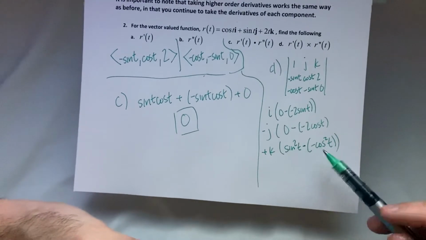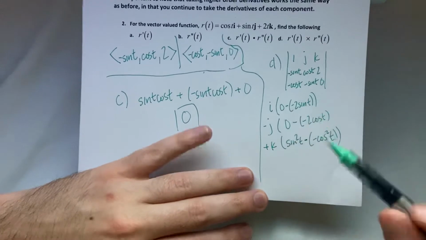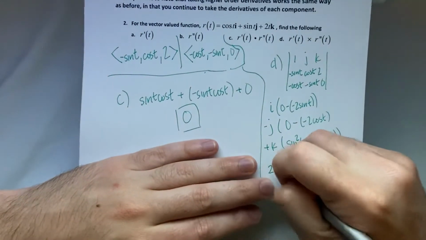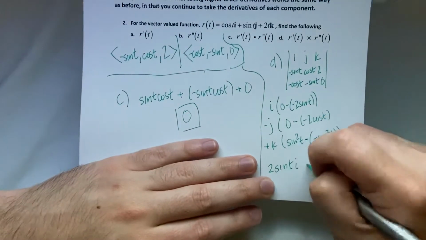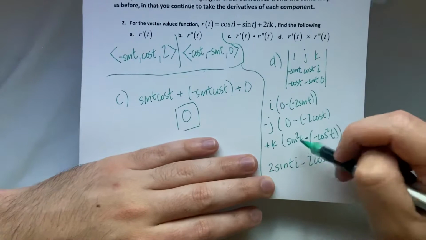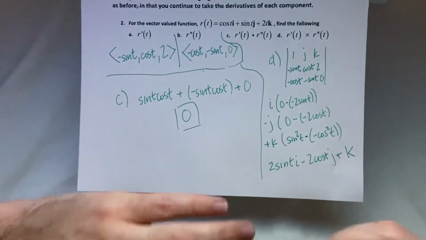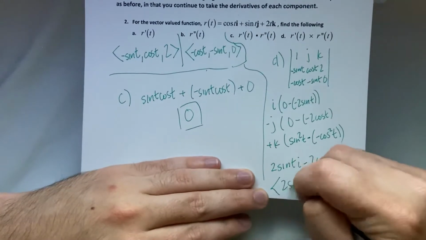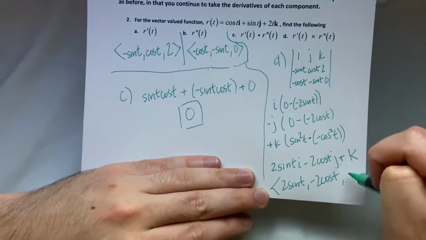So sine squared minus negative cosine squared will become sine squared plus cosine squared, which becomes 1. So it's 2 sine t i minus 2 cosine t j plus k, or (2 sine t, negative 2 cosine t, 1).